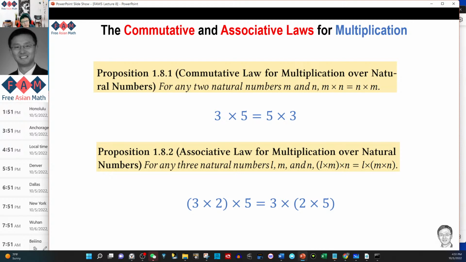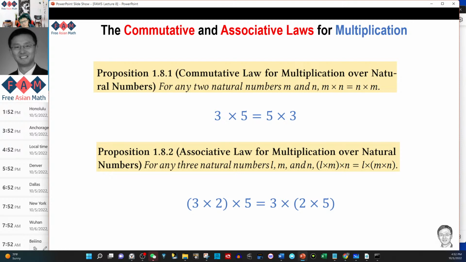We say that for addition over natural numbers. As it turns out, multiplication also enjoy the analogous commutative and associative laws. And this is not a coincidence.